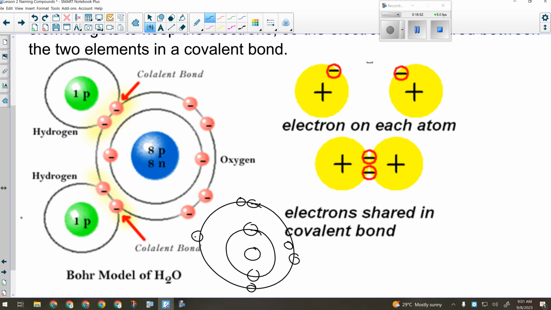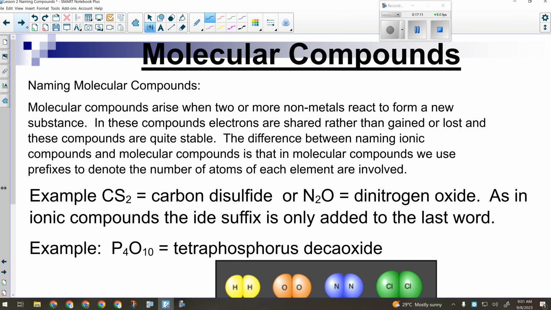Because we have to say, in this compound, there's 2 sulfurs and 1 oxygen, or whatever it happens to be. Okay? We have to denote the numbers because there isn't a rule or a hard set ratio for those 2 things to bond to each other. All right? So in these ones, we do have to use the prefixes in the names. All right, so all you need to know about a molecular compound's bond is that it's very strong because the electrons are shared.